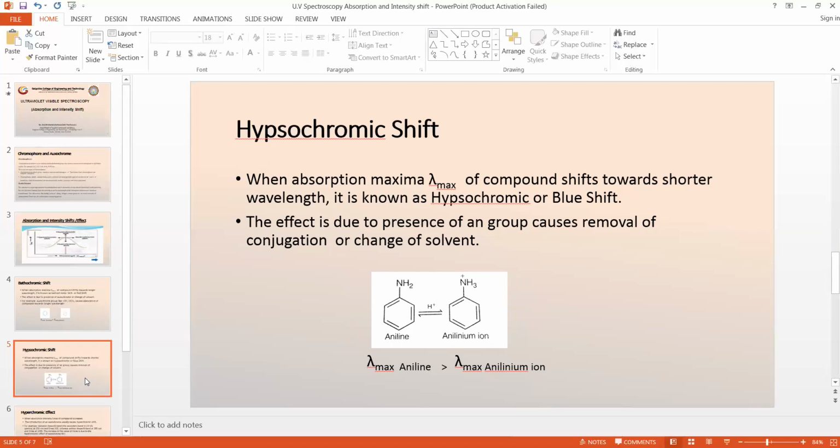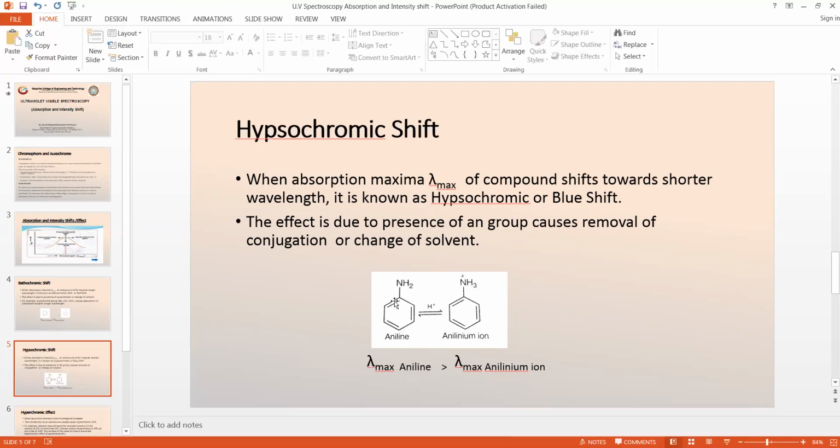For example, the example is given here. You have seen aniline and anilinium in acidic medium. Now, lambda max of aniline is greater than lambda max of anilinium. Why? Because in aniline, there is a lone pair of electrons present. But in anilinium, there is a positive charge. It means there is a break in the conjugation.